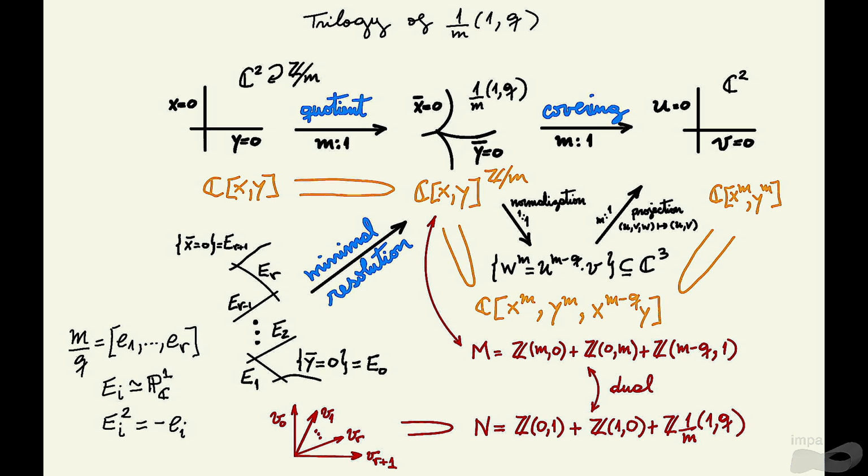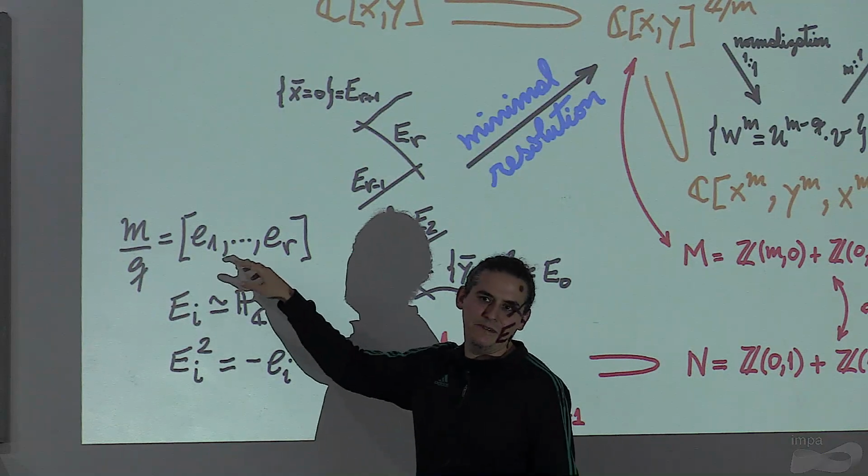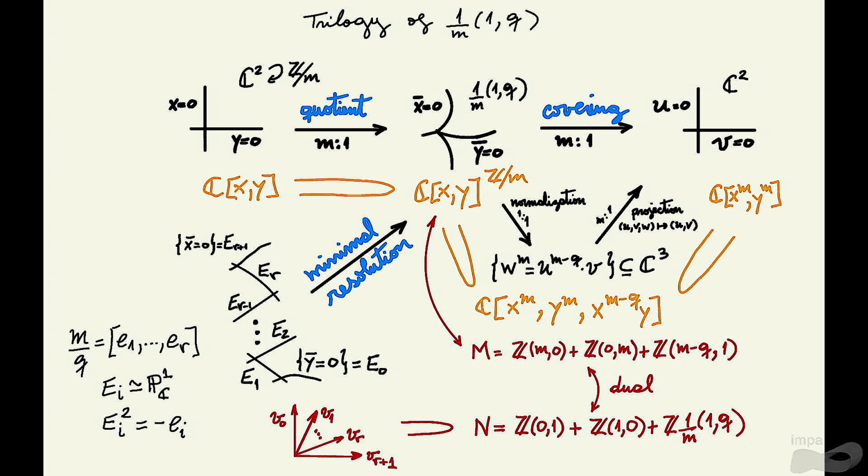And that is the resolution, and that is how you get there. If you do the computations, you will get the recursion that gives you the continuous fraction. So that is the trilogy: you have the chain that contracts, or you have the quotient, or you have the covering.